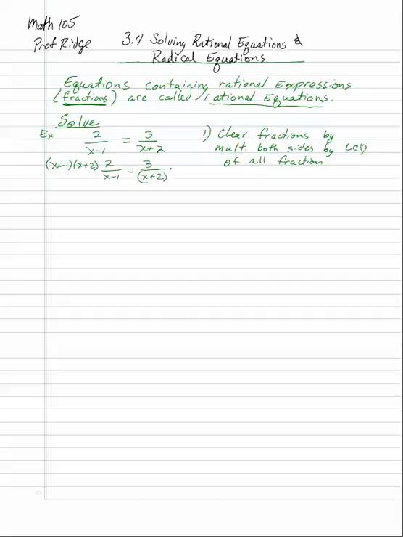So we're going to multiply both sides by x minus 1, x plus 2. And notice on the left side, the x minus 1's cancel, and you get 2x plus 2 equals, and then on the right side, the x plus 2's cancel, and you get 3x minus 1.